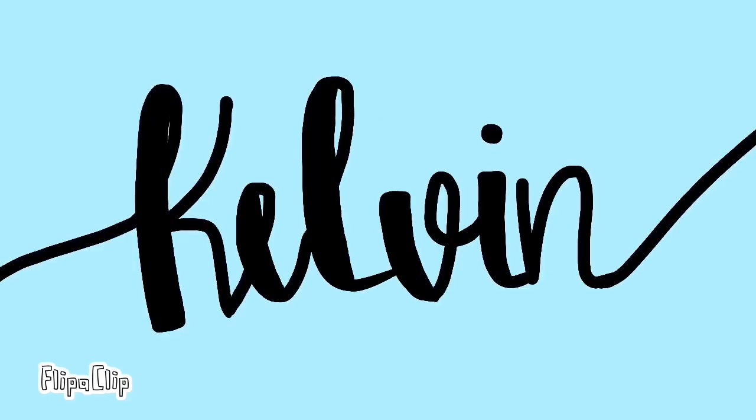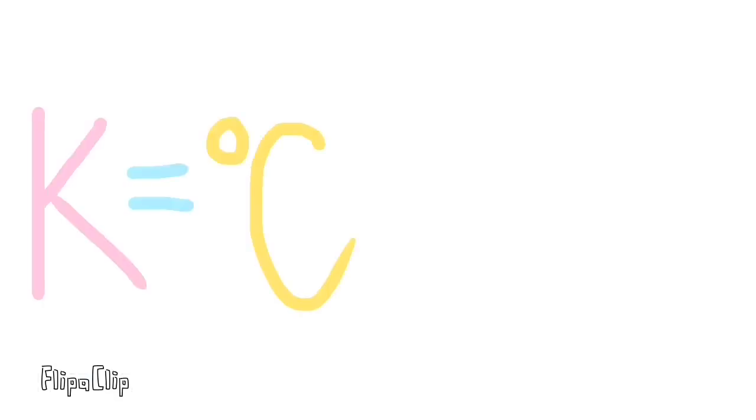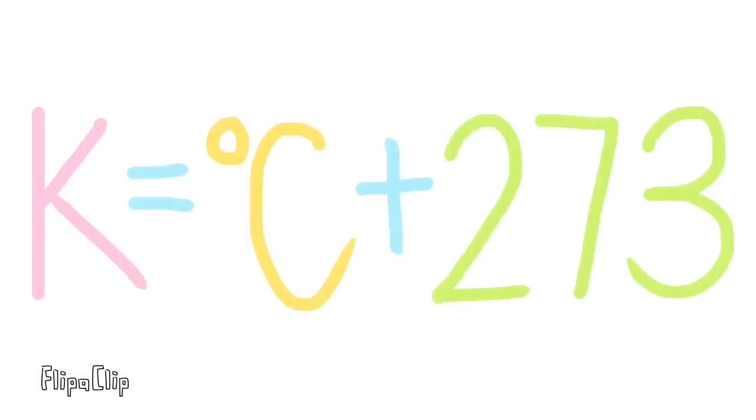First is Kelvin. The formula for Kelvin is degrees Celsius plus 273. Second is Celsius.